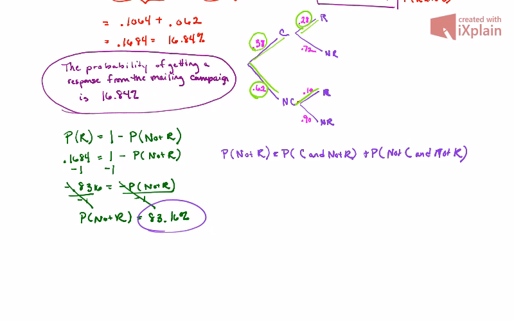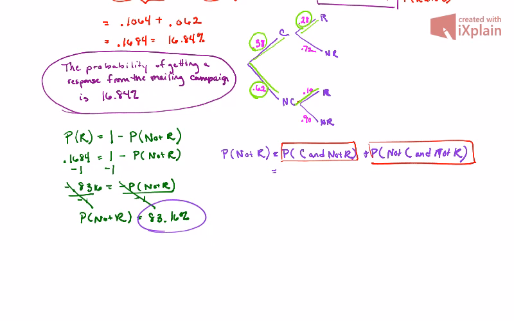Okay, so again, I've covered all of my bases. I've covered the situation that someone could not respond and have a credit card with me, or someone could not respond and not have a credit card with me. Good. So again, using our definition of conditional probability, we can rewrite these two representations.